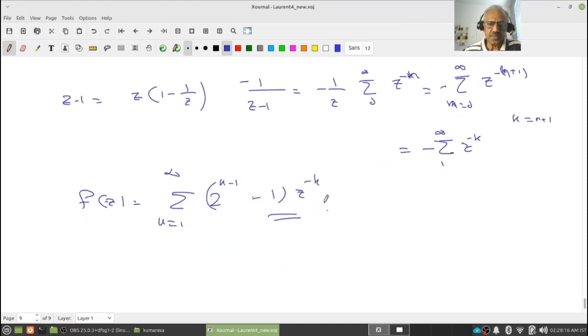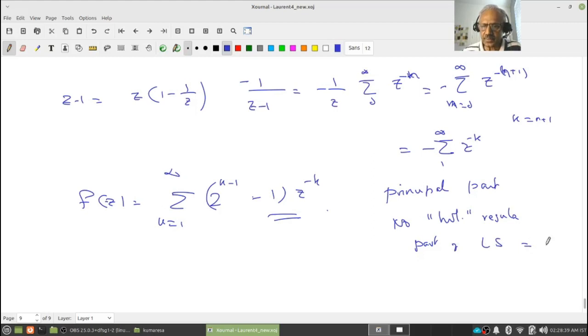Notice that here only the principal part is present; the holomorphic, or what they call regular, part of the Laurent series is 0.